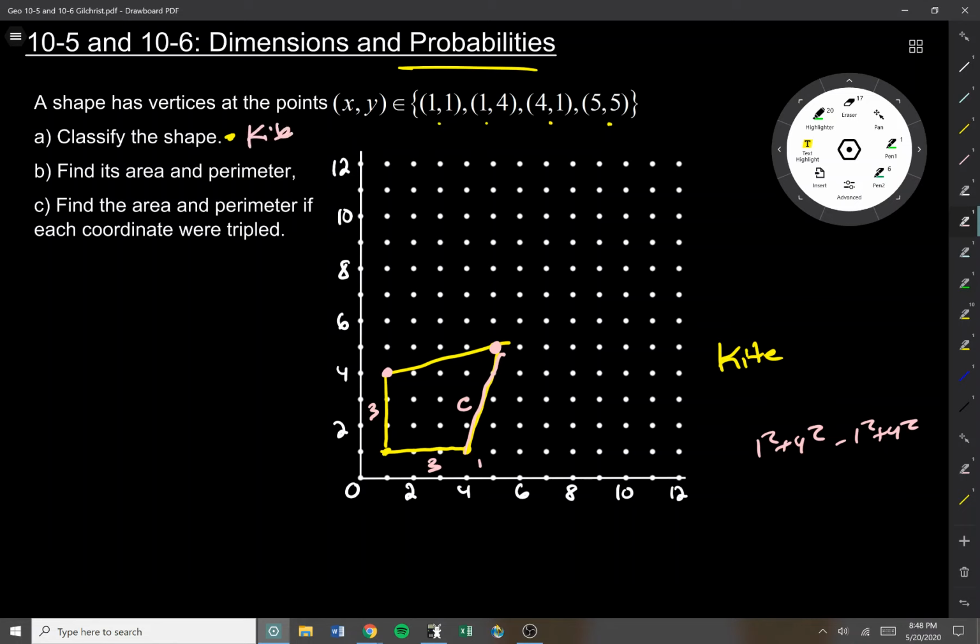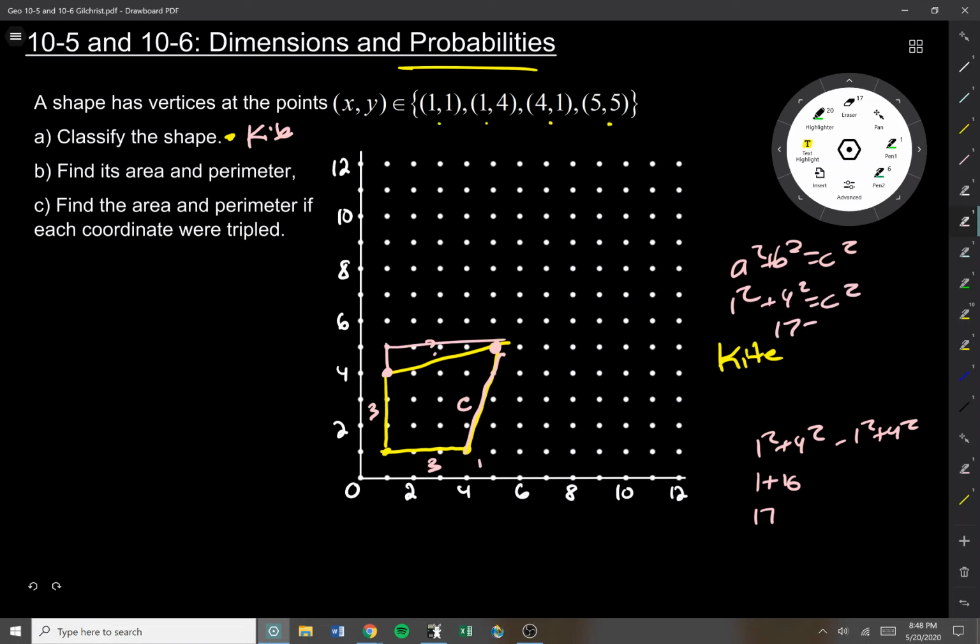To find its perimeter, now I actually do need to know this length right here. So 1 squared plus 4 squared is really 1 plus 16, which is 17. What I'm doing right now is Pythag, right? Here's 1, and here's 4, and I want to find c.